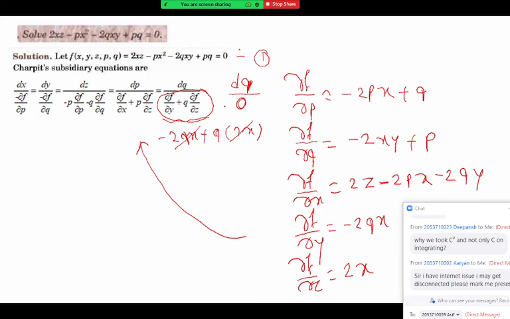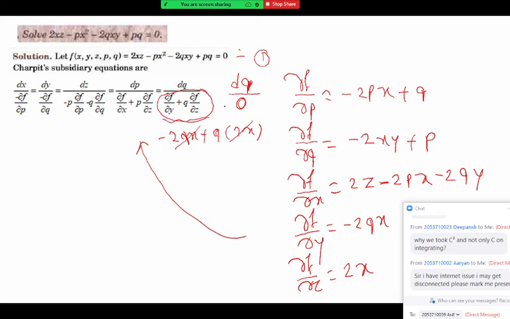Yes, sir. Taking too much time. So what does the theorem of equal ratio say? If the denominator comes to 0, what about the numerator? The numerator will also be 0.